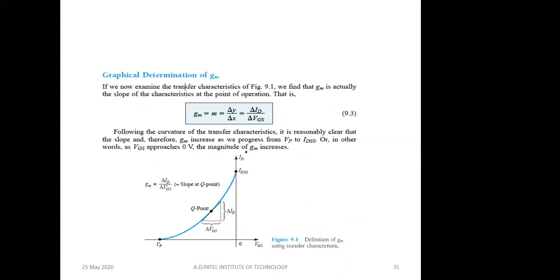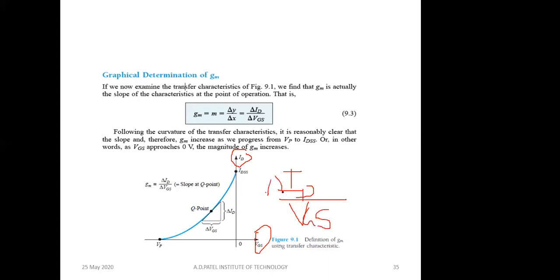Now how to find it? Last time we plotted the transfer characteristic, with ID on the y-axis and VGS on the x-axis, and we were getting a curve like this. Now we have to find the slope of this, taking delta ID by delta VGS. So we get the transconductance from the graph.